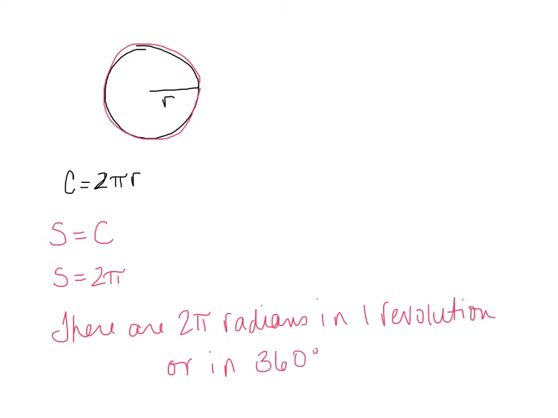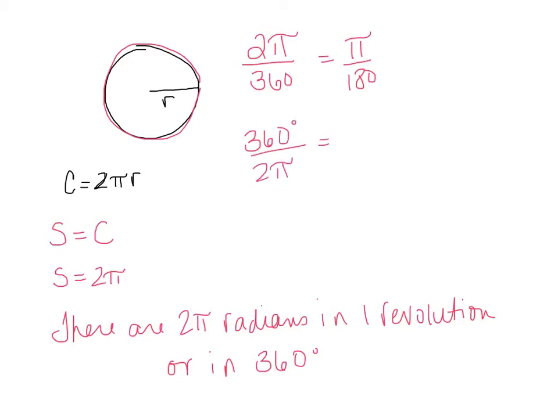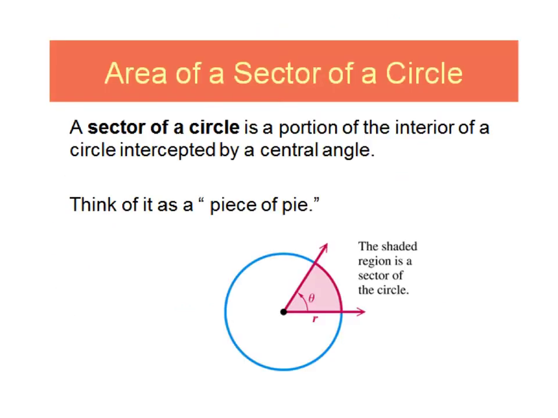So when we use that conversion factor, what we're saying is there are 2 pi radians for every 360 degrees, which reduces to pi in 180. Or we can say there are 360 degrees in 2 pi radians, or 180 degrees for every pi. That's where this information comes from.